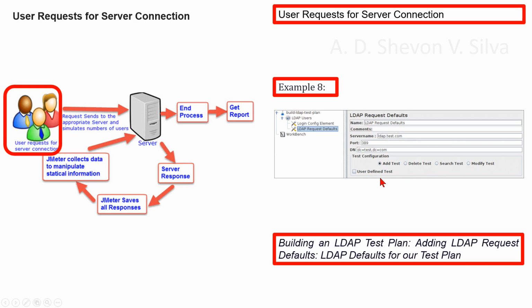Enter the DN field to your LDAP root distinguished name. Enter the LDAP server name field to ldap.test.com, port to 389. These values are default for the LDAP requests.